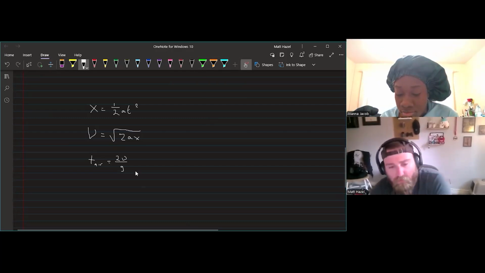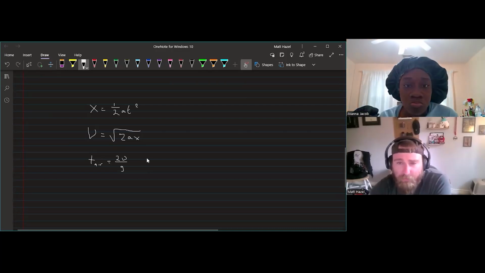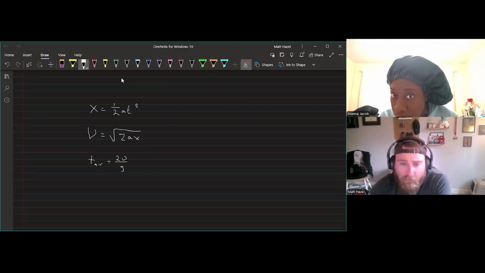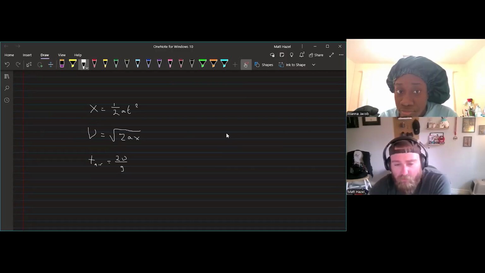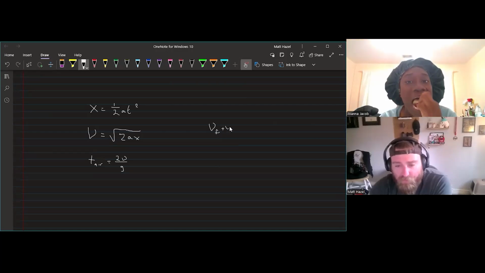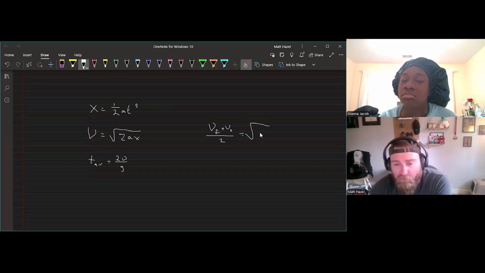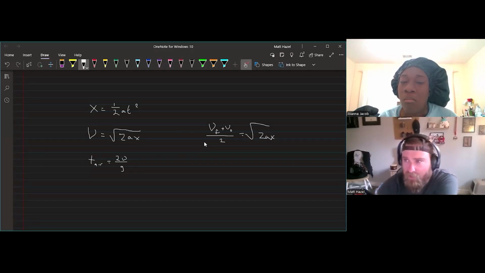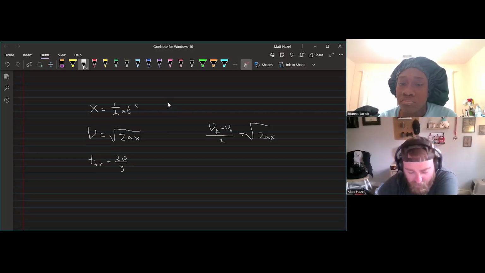They'd have to give you distance traveled, in which case you could just look at this as V final plus V initial divided by 2 equals square root of 2ax. And if they're asking you for your final velocity, first off, I don't really think that they do that.